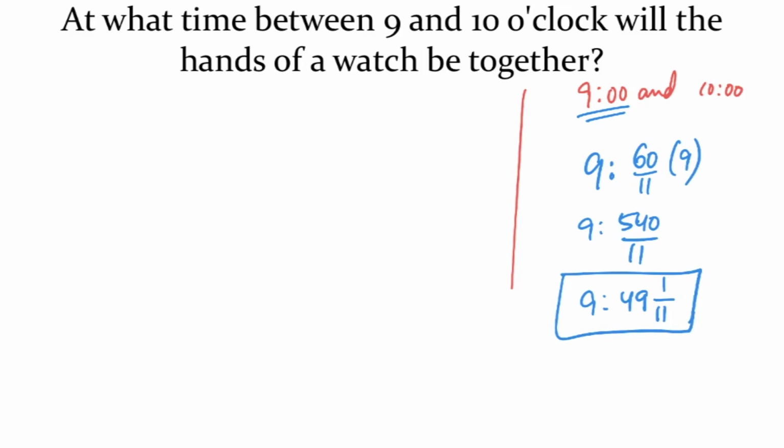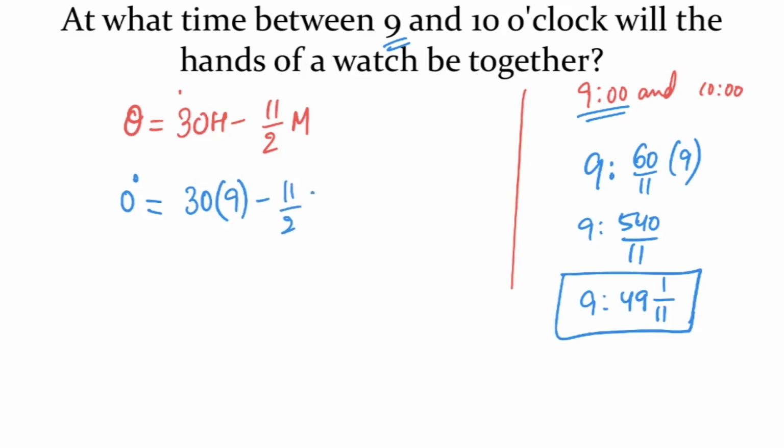Or if you want to use the formula, we know that theta is equal to 30h minus 11 by 2 m. Here the problem is about coincidence, so theta is equal to 0 degrees. 30 into the number of hours completed, 9, minus 11 by 2 m. m is equal to 270 into 2 by 11, that is 540 divided by 11.